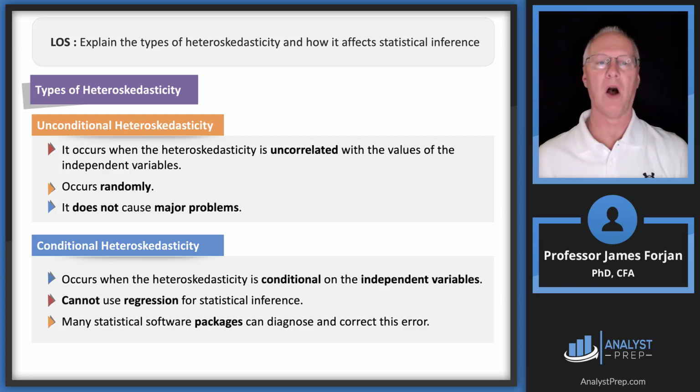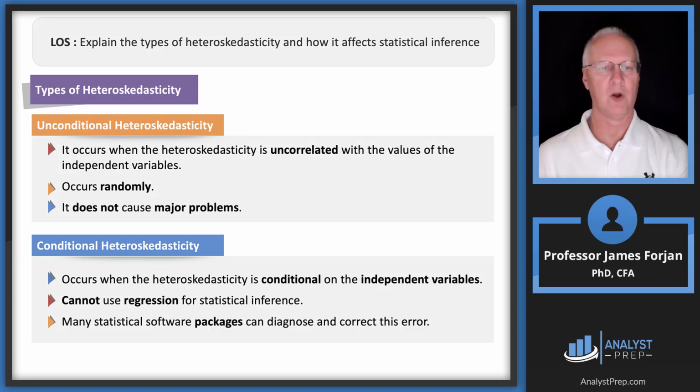And that's because if we truly have unconditional heteroscedasticity, it occurs randomly. And that randomness, then, you have the increases offsetting the decreases, and so they kind of cancel each other out. I mean, don't ever tell your stats professor that I said that to you, but that's probably a good way of thinking about it.